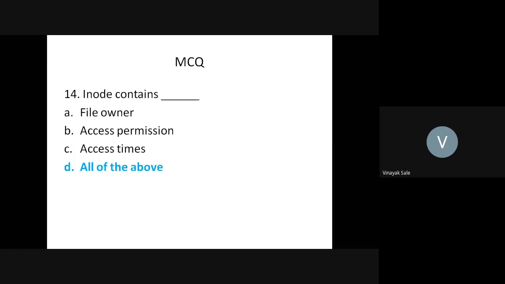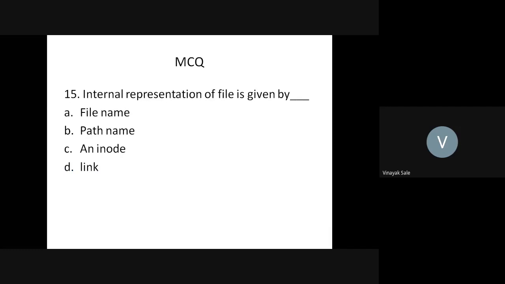Then next question, internal representation of file is given by file name, path name, inode, or a link.